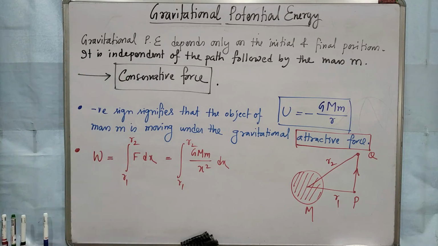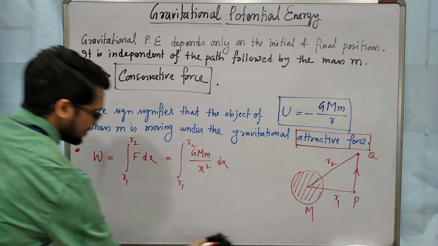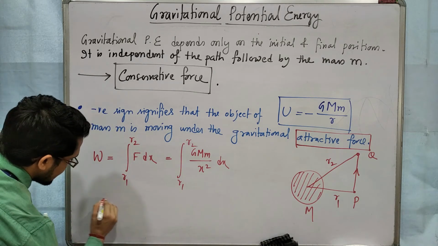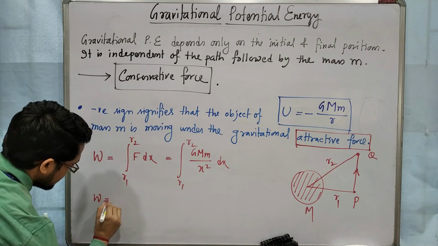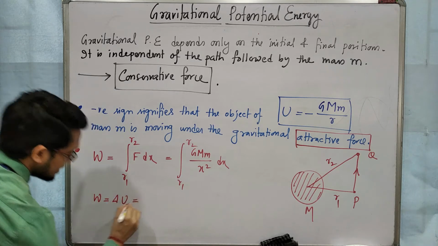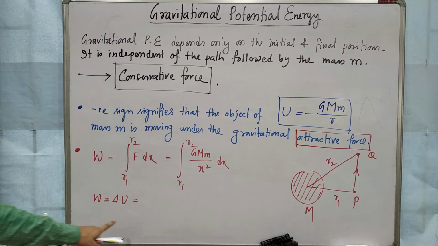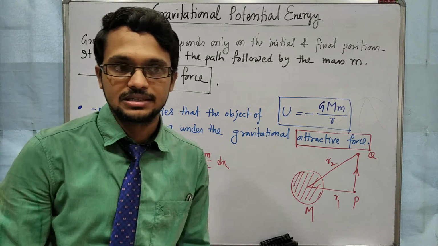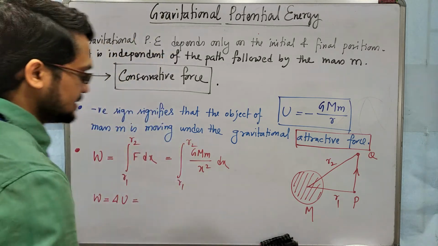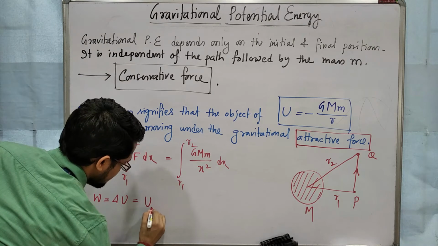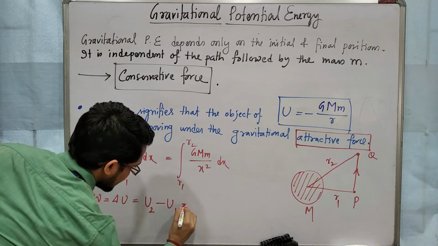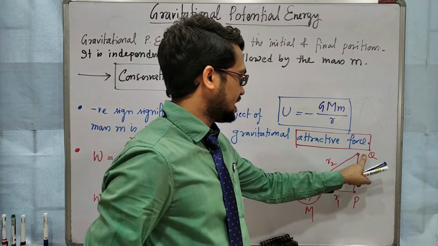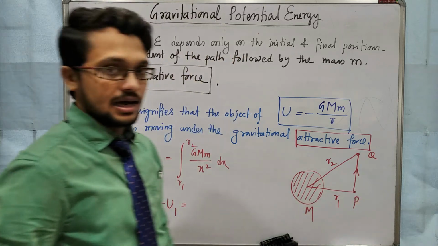But you can also remember this thing: work done equal to change in potential energy. Change in potential energy means final minus initial. That means U2 minus U1. This is U2 at r2, U1 at r1.